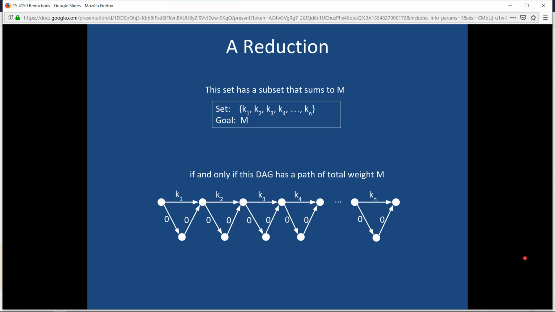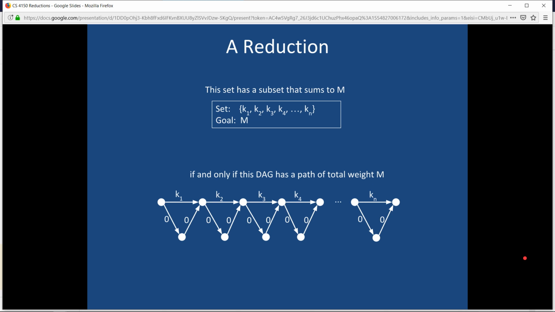Would this reduction require your K1 through Kn to be non-zero? Would it work if K1 or something was 0? Because I said we're going to throw away all the 0 edges. If it's 0, then it doesn't matter if it contributes.